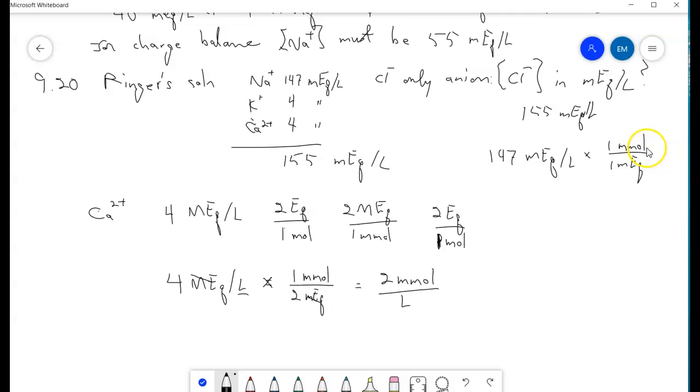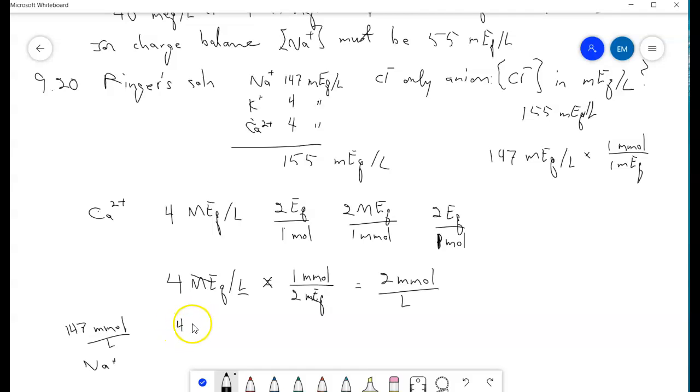Okay, and let's just stick with this; we can go to moles later. So it's going to be 147 millimoles per liter and 4 millimoles per liter here. So your total sodium ion concentration is going to be 147 millimoles per liter. That's sodium.